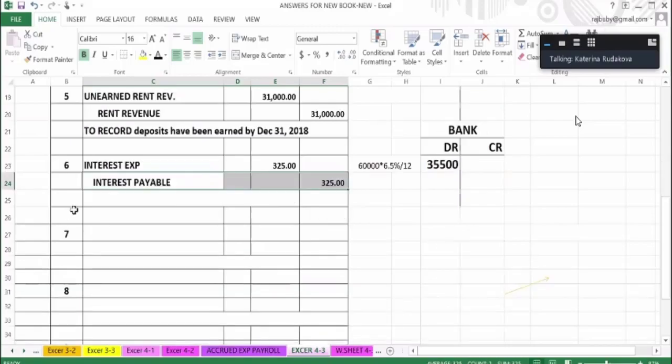Why? Did they pay 153 instead of? Actually, this one is salaries expenses, right? Salaries expenses, they give the amount.